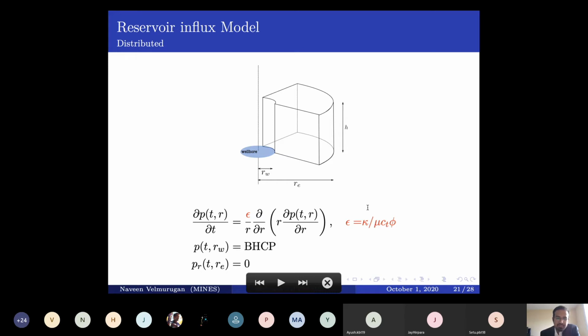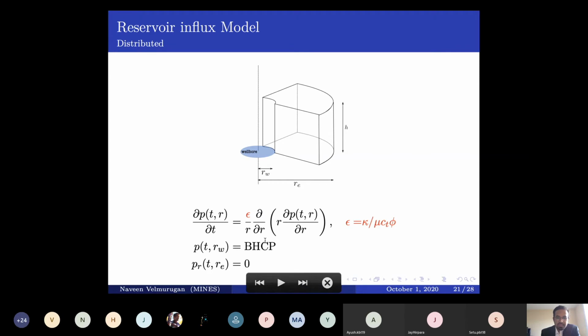This is called the diffusivity equation. And epsilon here is a function of your reservoir properties, and epsilon is known as the diffusion constant. So it depends on the reservoir how fast or slow your pressure gradient is going to transfer into your reservoir zone.